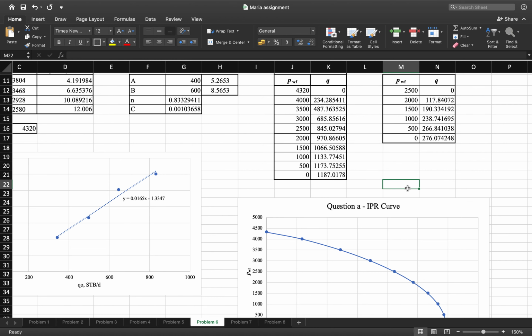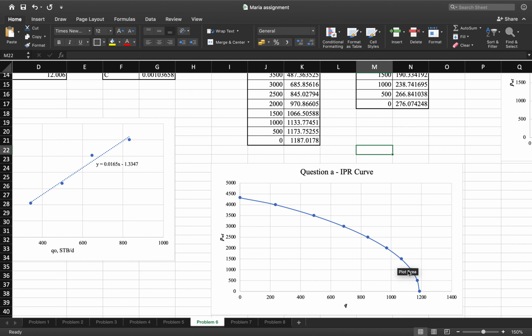It is the same as this IPR curve: when the bottom hole pressure is decreased, the flow rate will increase.